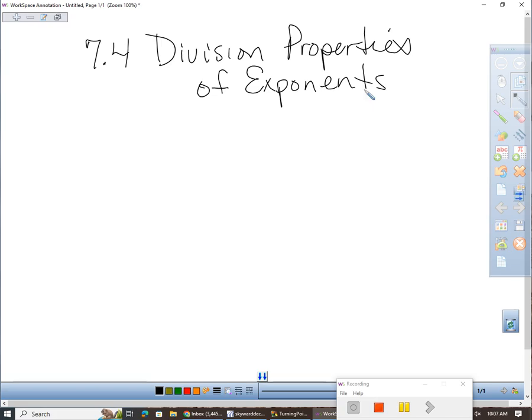So technically the way this rule works is if I have x to the m divided by the same base x to the n, we keep our base and we technically subtract our exponents, the top minus the bottom. That's what the rule is written for.